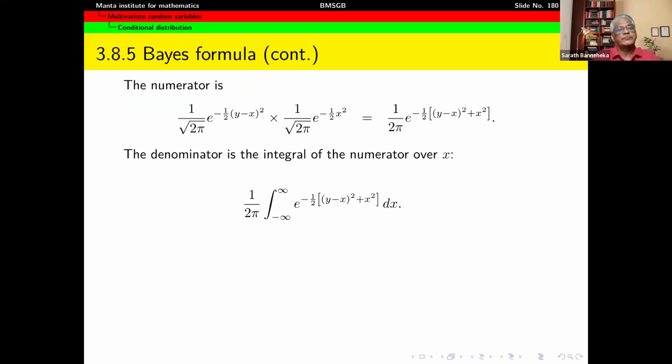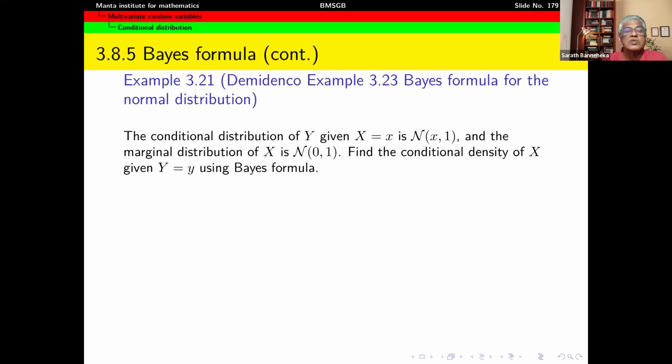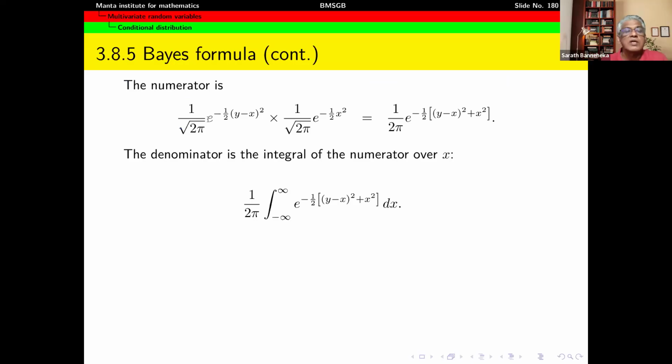So the first term here in the numerator, what you need is the conditional density function of y given x is equal to x, times the marginal density function of x. Both are given to us. The conditional distribution of y given x is normal with mean x and standard deviation 1.